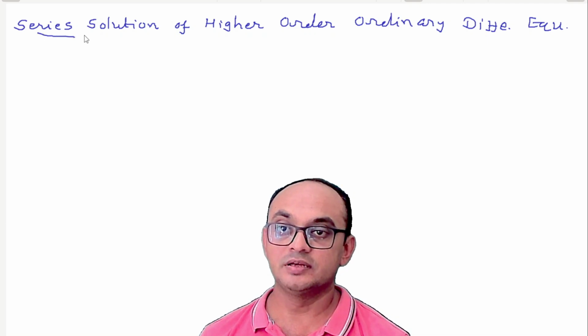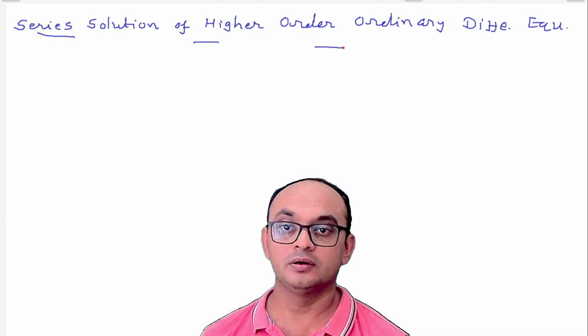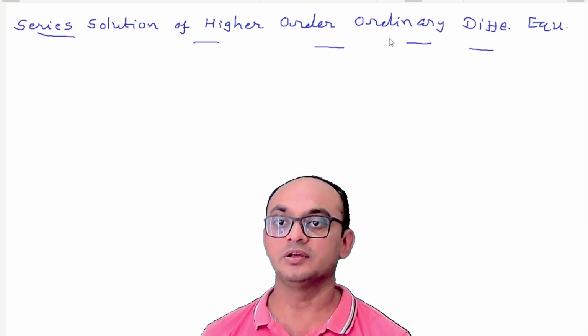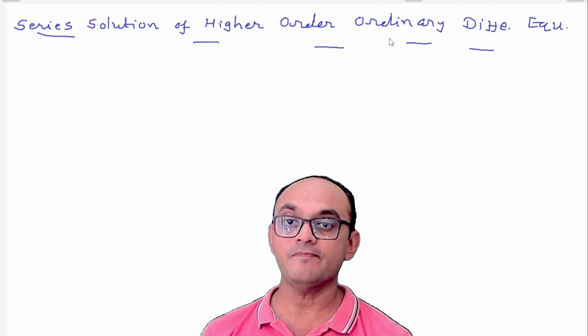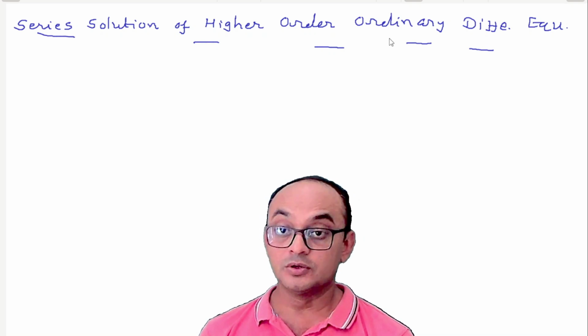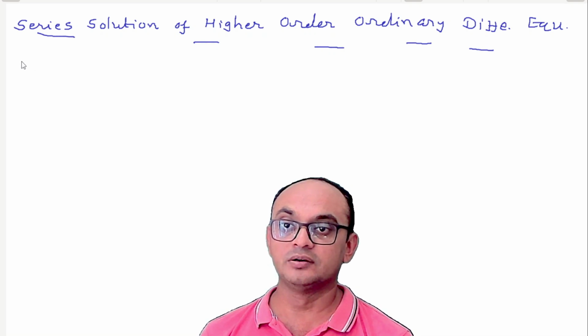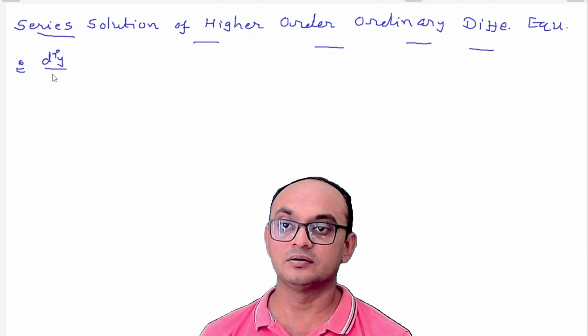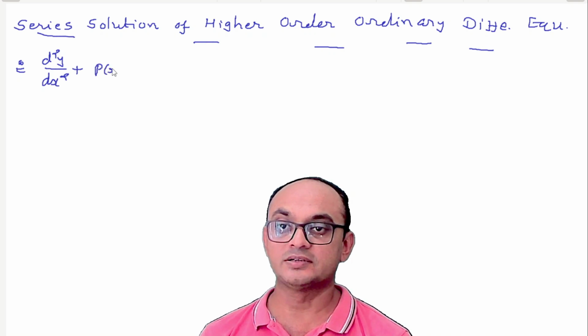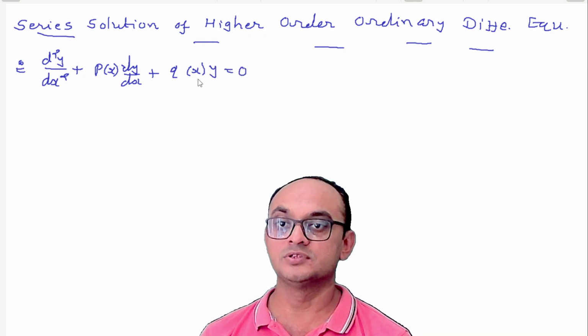Let us start the series solution of higher order ordinary differential equations. What we have seen in the last lecture is, suppose I am given the differential equation d2y by dx square plus p of x into dy by dx plus q of x into y equal to 0.